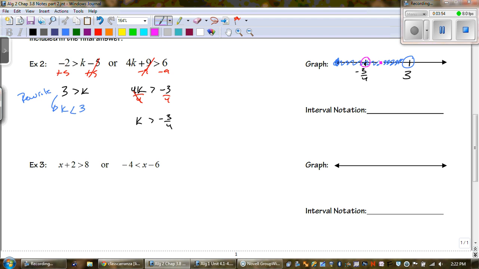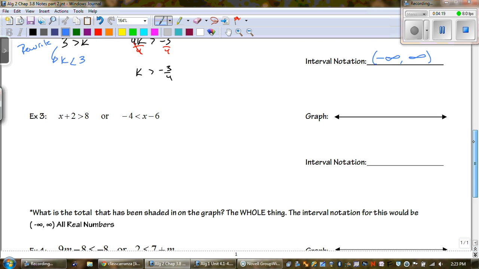That's open, and I shade everything to the right. And now what's our graph? When we look at our graph, it starts at negative infinity and ends at positive infinity, which means any answer could work. It's a special case.